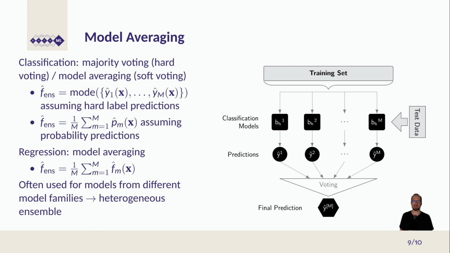For regression, it's much simpler. There is only one way to average the output of the models, namely by averaging the prediction of the individual models. Model averaging is often used to average models from different families, then called heterogeneous ensembles.